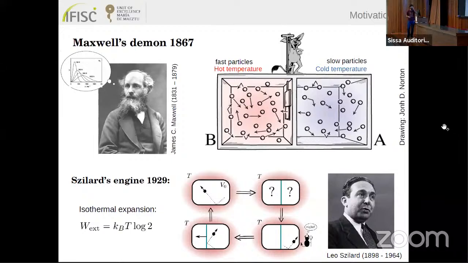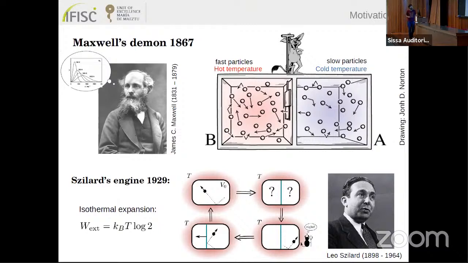Maxwell imagined a small intelligent being, later called a demon, which by looking at the positions and velocities of the particles and implementing some control of the trapdoor, is able to sort the molecules so that it may challenge the second law of thermodynamics.